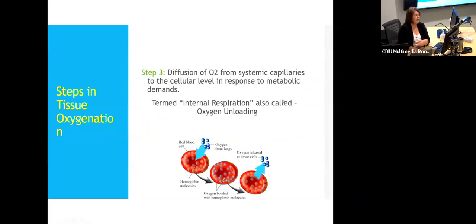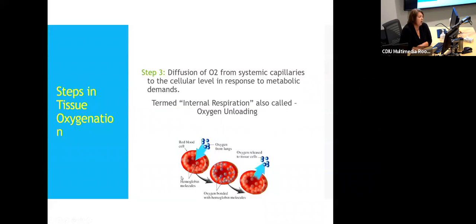Diffusion of oxygen from the capillary bed, the systemic capillaries, to the tissue level is in response to metabolic demands. So this is termed in some circles as internal respiration. It's also called oxygen unloading.